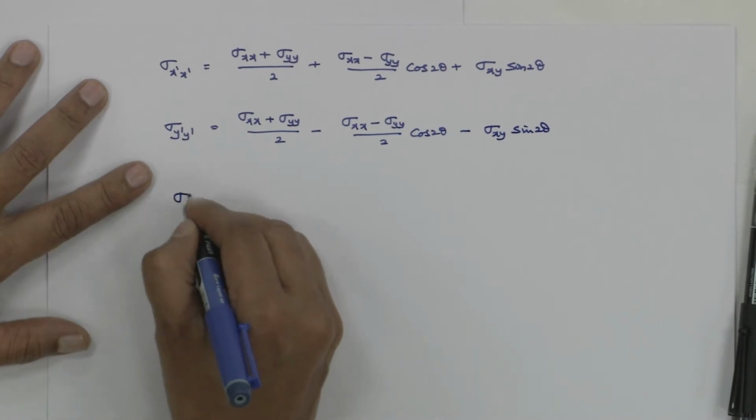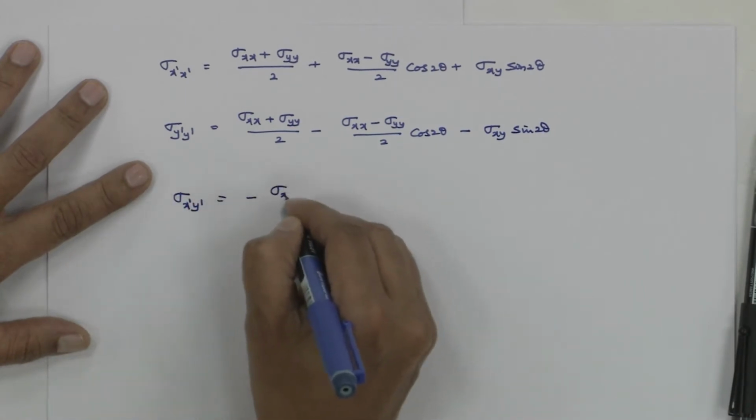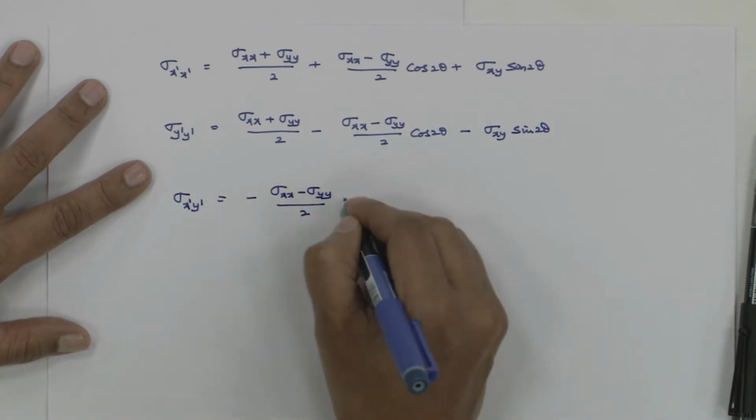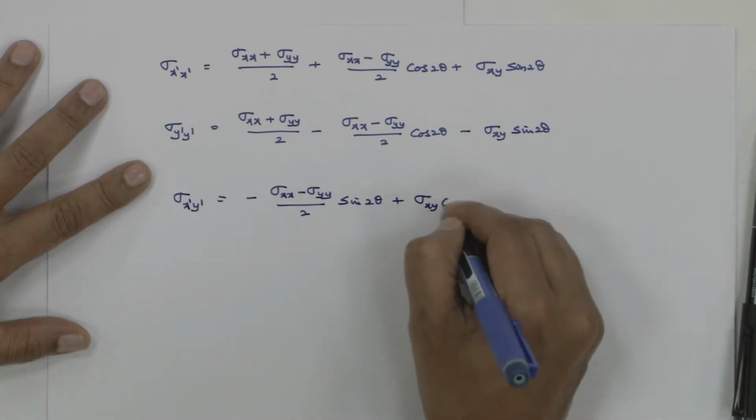Then you have sigma x prime y prime equal to minus sigma xx minus sigma yy by 2 sin 2 theta plus sigma xy cos 2 theta.